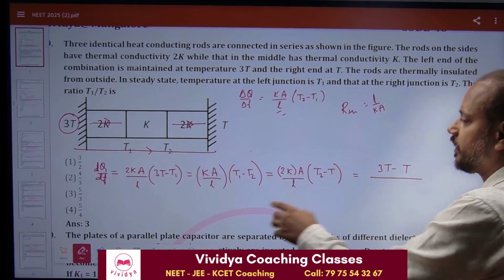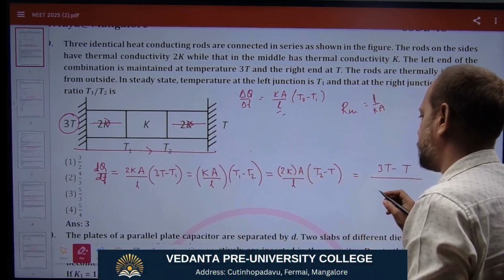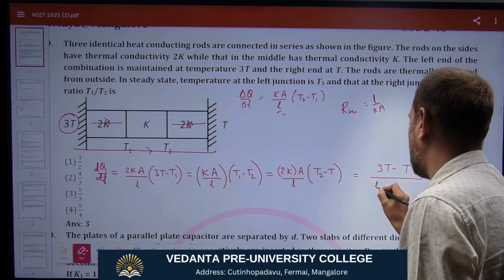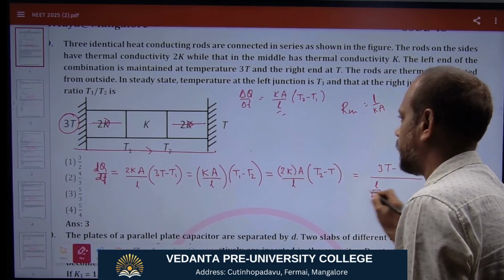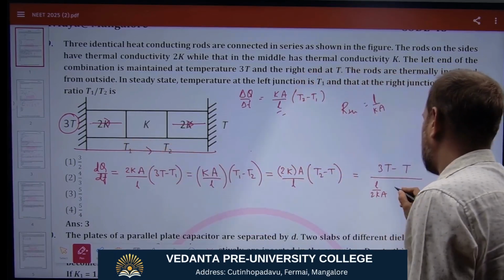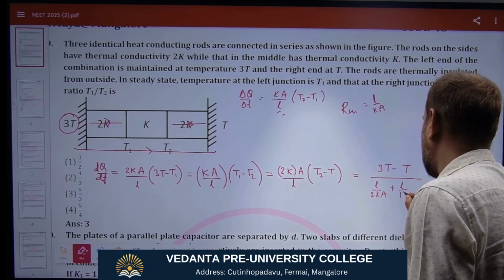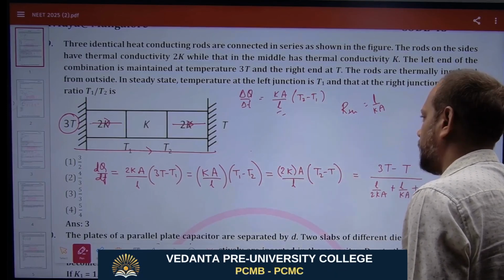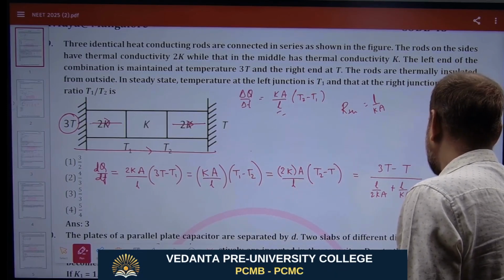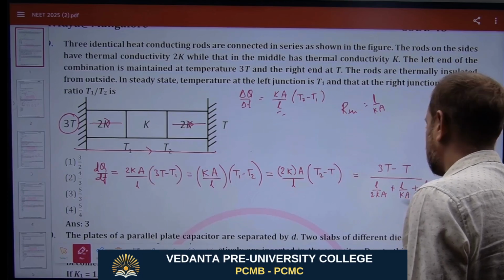So you write down all three thermal resistances. This will become L by 2KA for this one, then the second one will be L by KA, and the third one will be L upon 2KA, right?